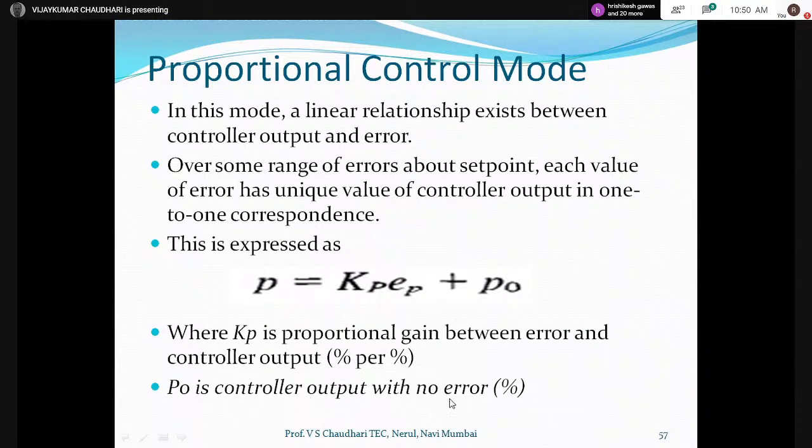P0 is the controller output with no error. When error is 0, for 0 error there is some output. This is called P0. So P is equal to Kp into Ep plus P0. This is the mathematical expression for proportional control mode, right?